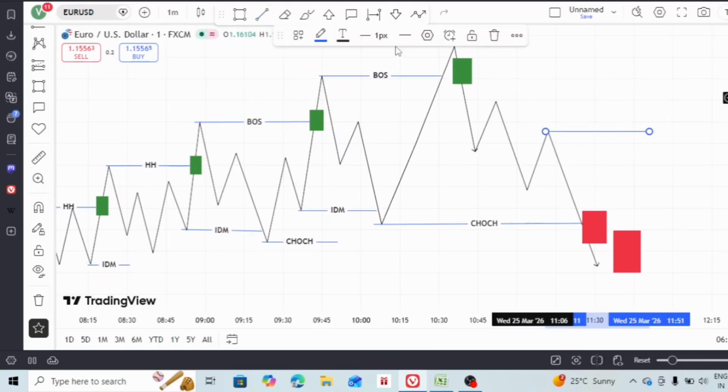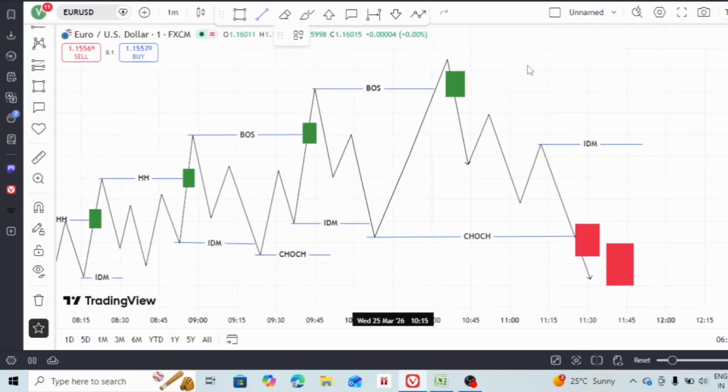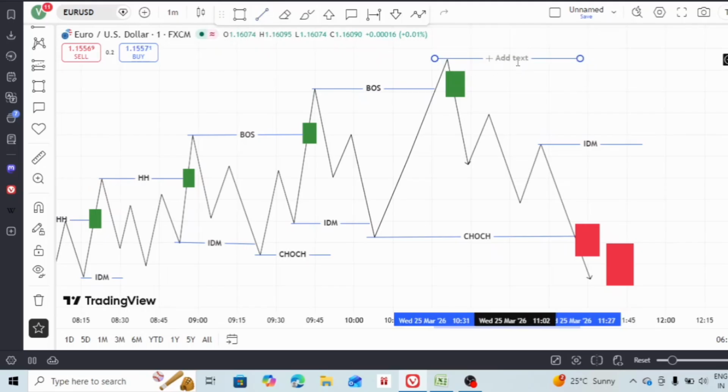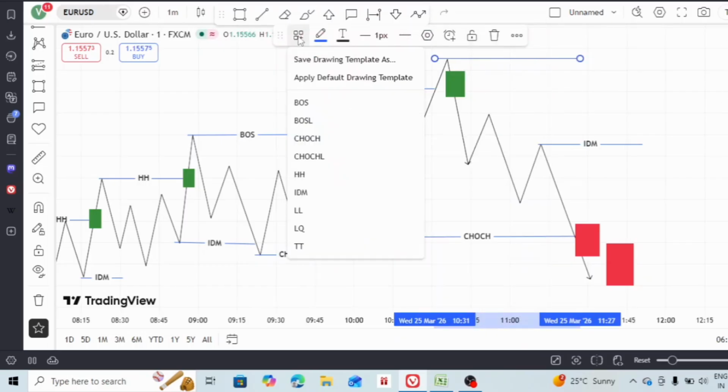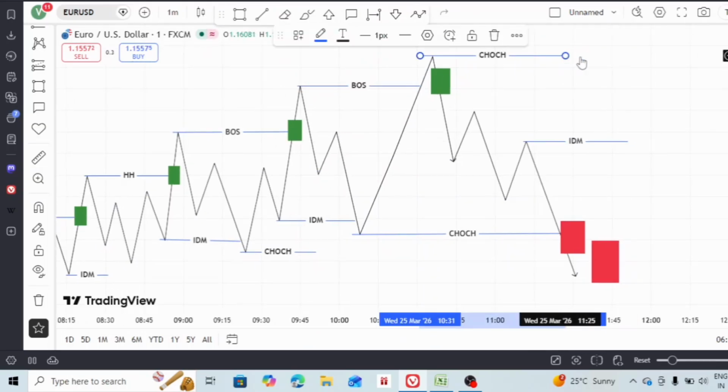After the change of character happens, this break of structure level from before, this highest point, will also become our change of character level.